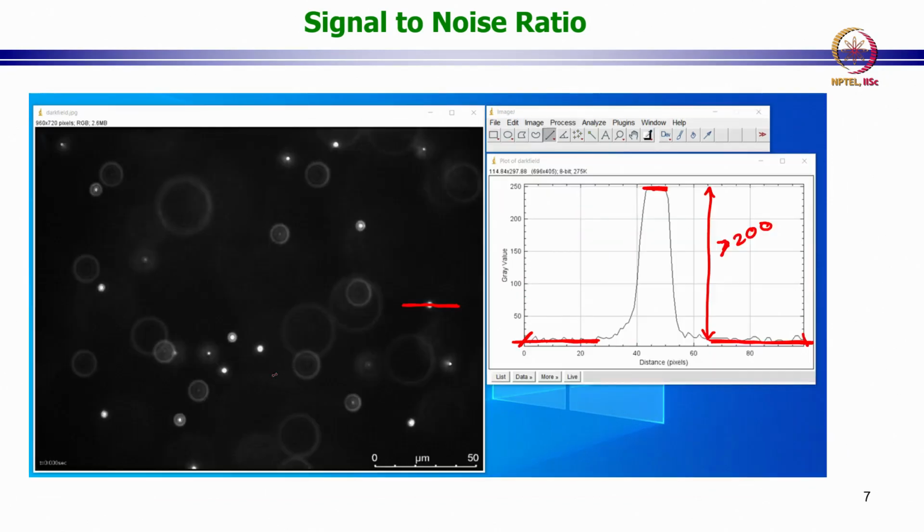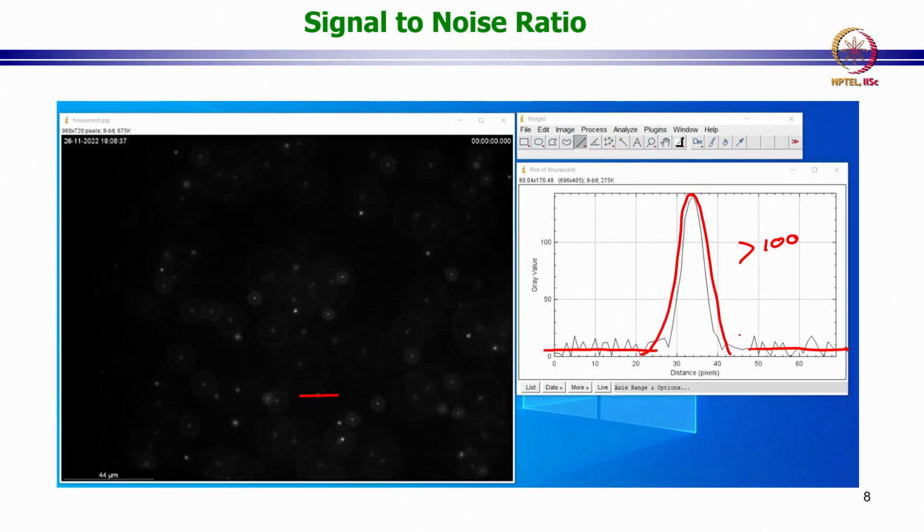The dark field image had a very different intensity profile. It had a flat top and a very sharp rise, very low noise. And this is the fluorescent imaging case, where you have the intensity profile very nice and smooth. It almost looks like a Gaussian curve, and also it has a very good signal to noise ratio.